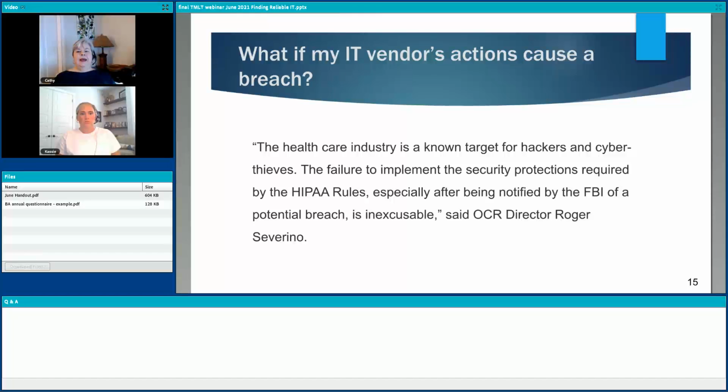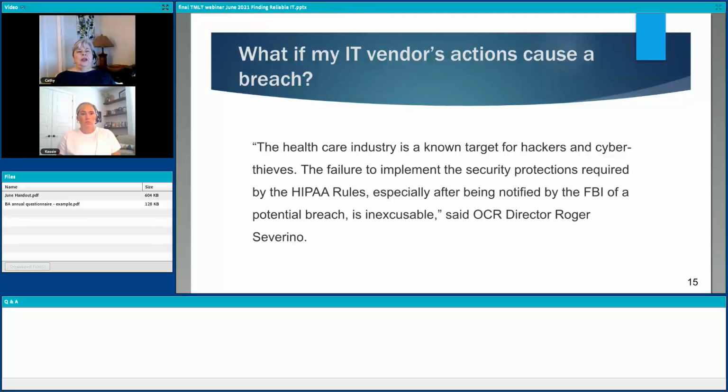I think that's a real good example that we can all think about: everyone that we give access to the network needs to have good security controls. But that was a non-healthcare example.